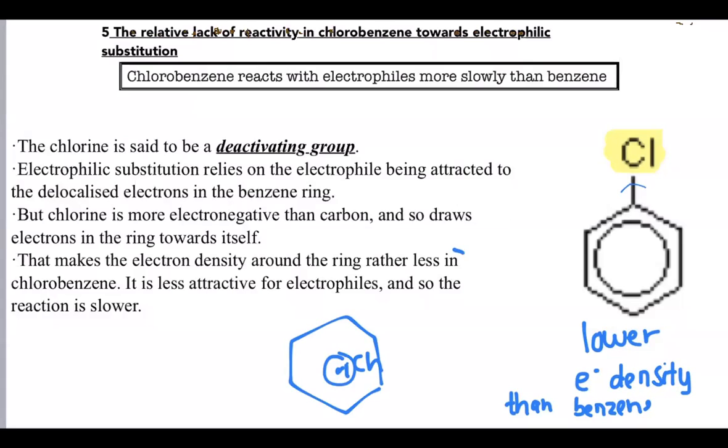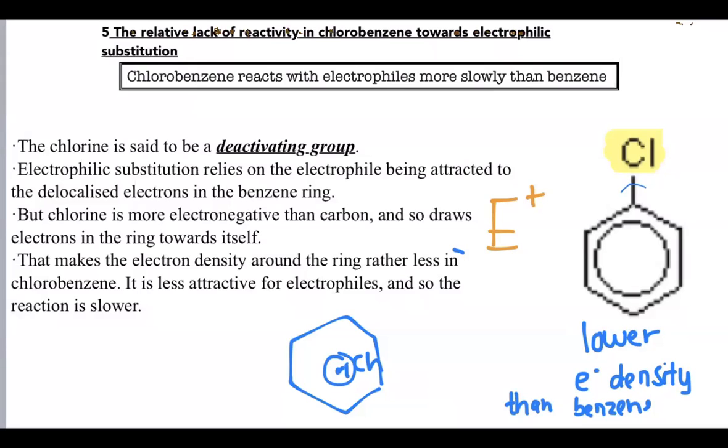Now, the reaction of chlorobenzene, or any other benzene or arene, depends on the attraction between the ring and the electrophile, which is a positive charge. If your ring is less negative, the attraction with the electrophile is also less. If your ring is more negative or higher in electron density, the attraction to the electrophile is more.